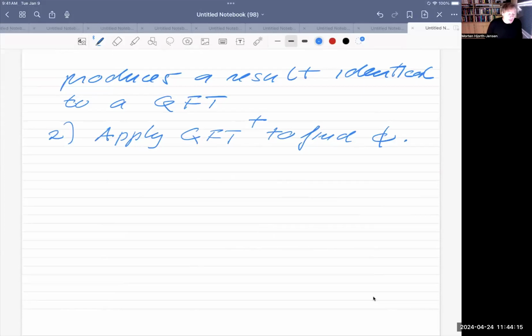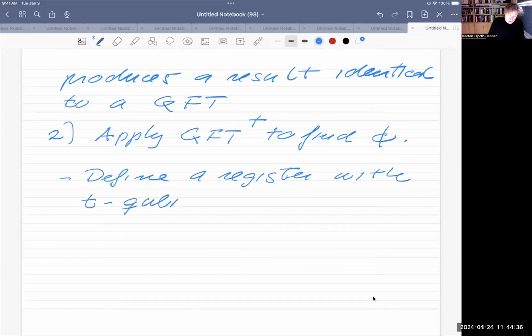So to detail step one, what we are going to do is to define a register which has t qubits. This is normally called a register with t qubits, so it's a given number of qubits. And if you remember what we discussed in terms of the definition of the quantum Fourier transform, we encoded a state given by j0, j1, so these are the different bits which define a specific state, up to jn minus 1.